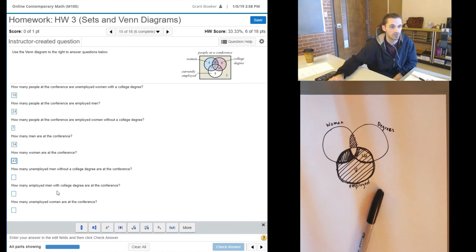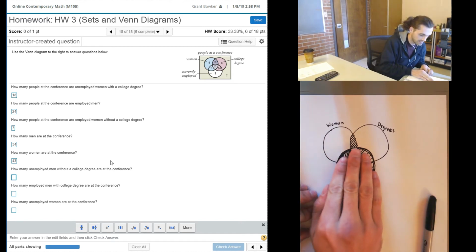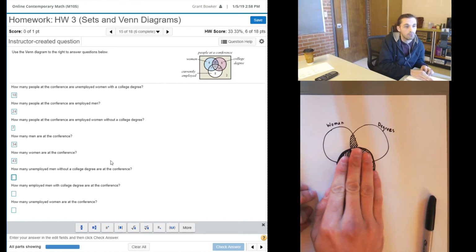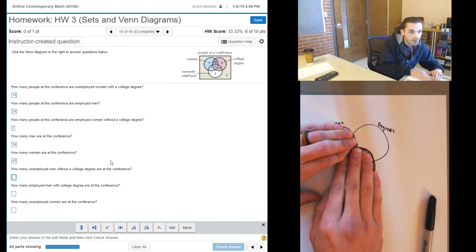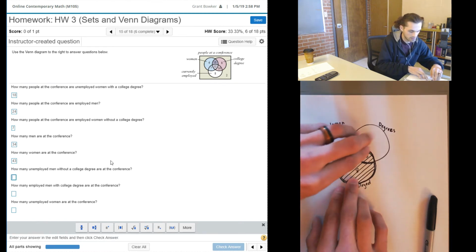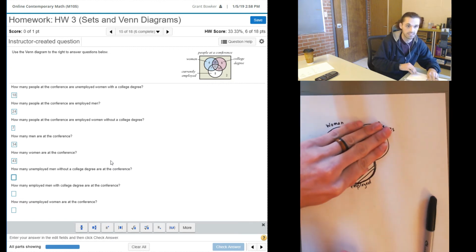How many unemployed men without a college degree are at the conference? Well, unemployed means you live outside of the employed set. Men means you live outside of the woman's set. And without a college degree means you live outside of the degree set.